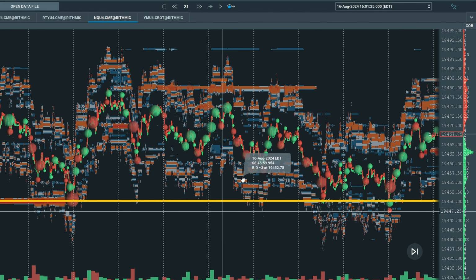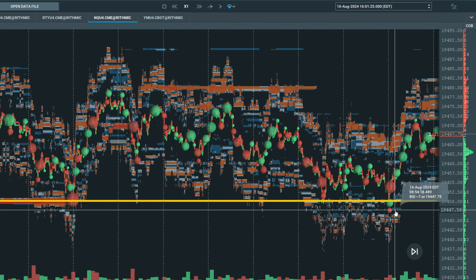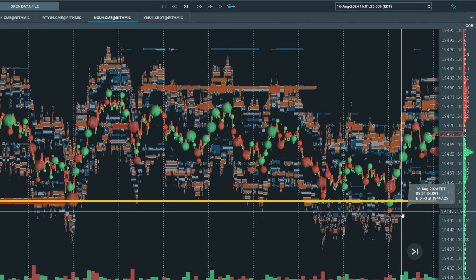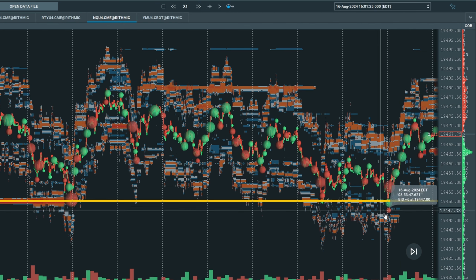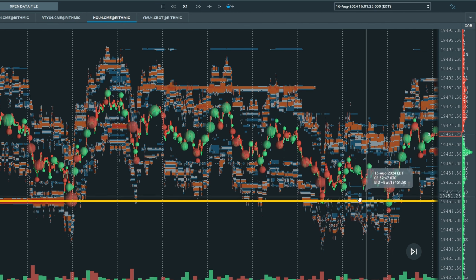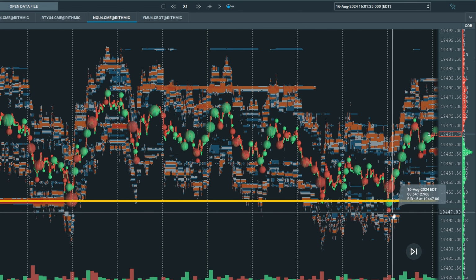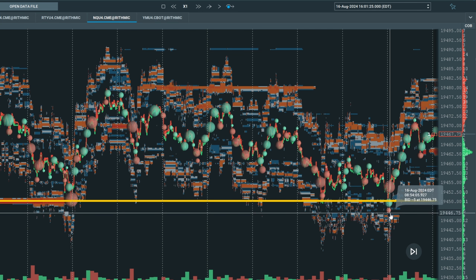Then you want to wait for the valid retest of the liquidity level with less aggressive sellers coming into play. As we come back above that liquidity level, we can enter the market and put in our stop loss right down below where the market showed us there was very little aggressive selling. And if you want to play this to the short side, it's the exact same thing, just flipped in reverse.